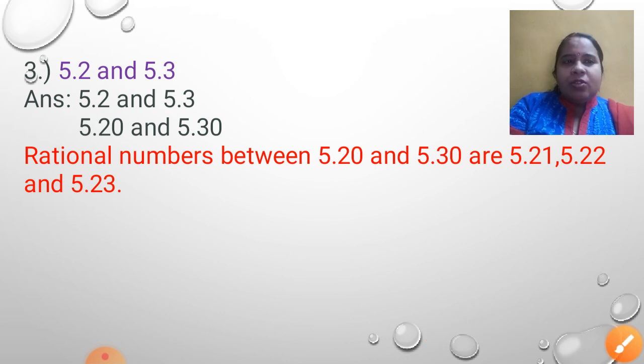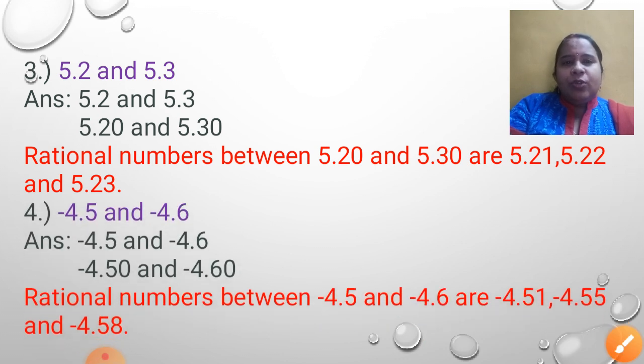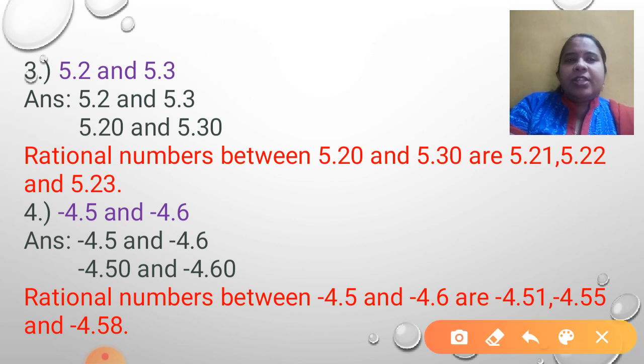Okay. So next question, the fourth one, minus 4.5 and minus 4.6. Exactly similar to what we did just now. Only thing is these are negative numbers. We will add 1 zero here and 1 zero here. So we get a range of 50 to 60. In between them, I will write any three numbers.